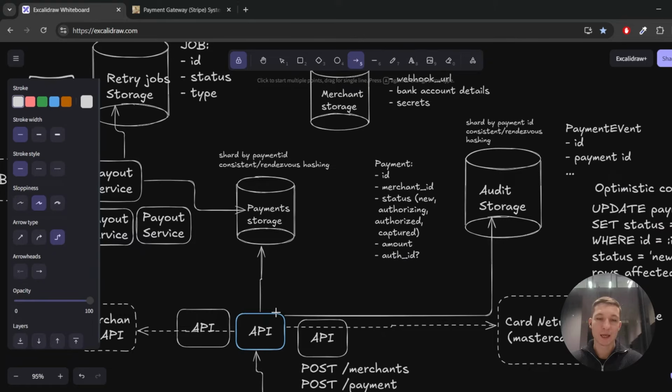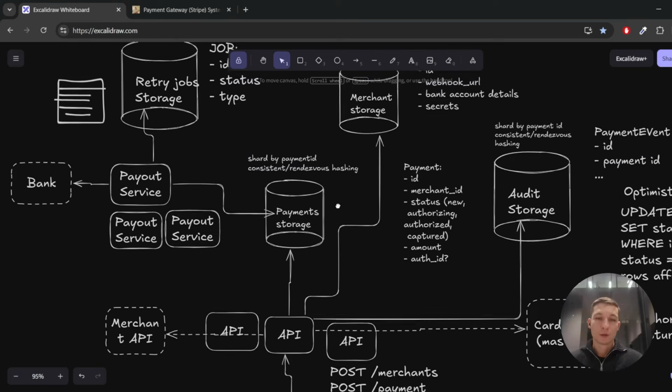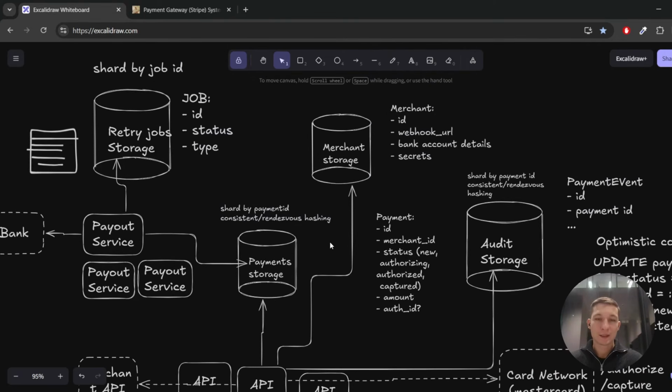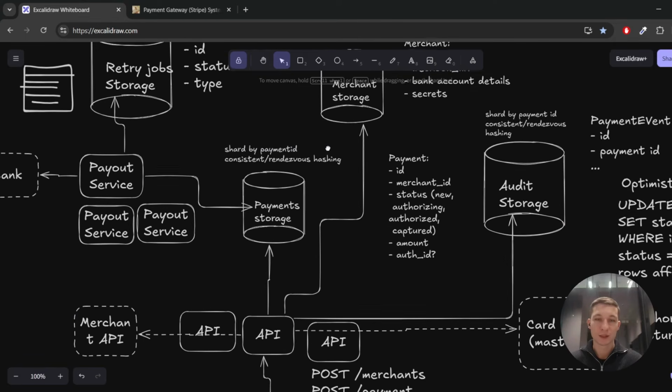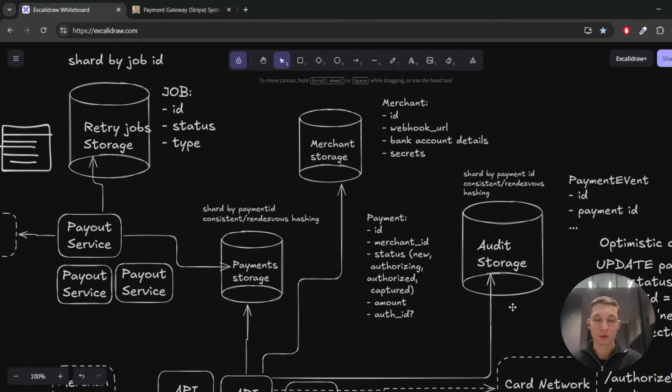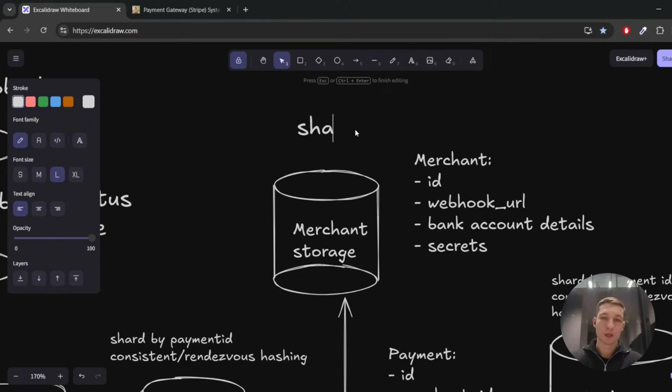Therefore, what I propose to do is to switch to a different database called merchant storage, and you can sync data here with CDC or by directly writing there. We will get back a bit later to how we can manage all of these side effects and write to every single storage based on one operation. But so far, let's also cover sharding. This one we're going to shard by merchant ID. Why?